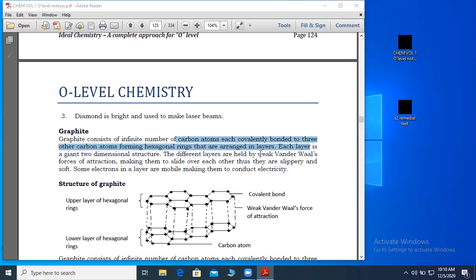So in graphite, each carbon atom is bonded to 3 other carbon atoms by covalent bonds, and therefore 1 electron does not participate in bonding.